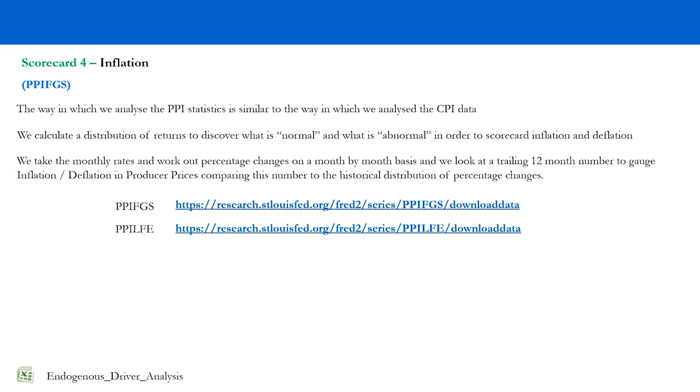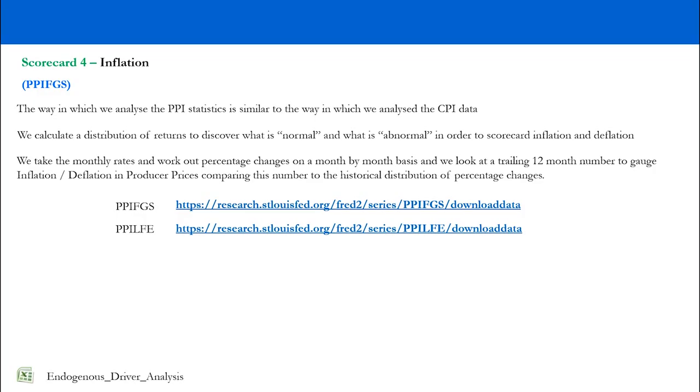We take the monthly rates and work out percentage changes on a month-by-month basis, and we look at a trailing 12-month number to gauge inflation or deflation in producer prices and compare the number to the historical distribution of percentage changes. So you should be getting very familiar with the process here, how we analyze our economic data.